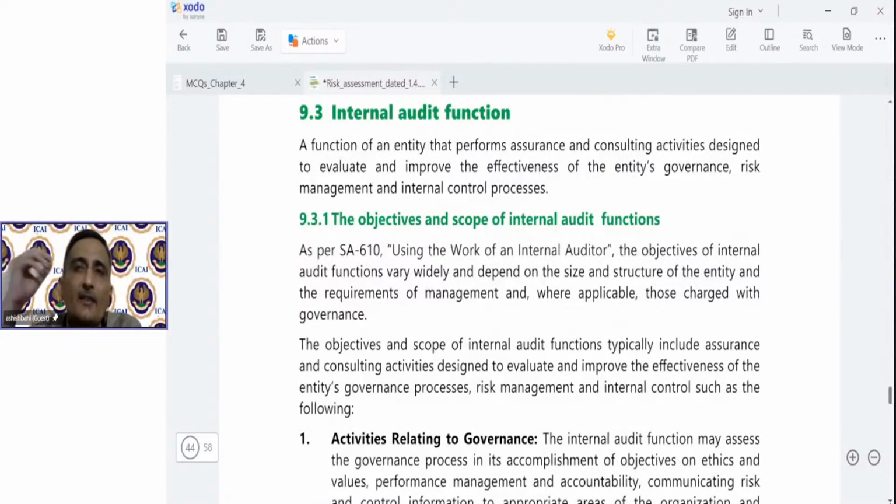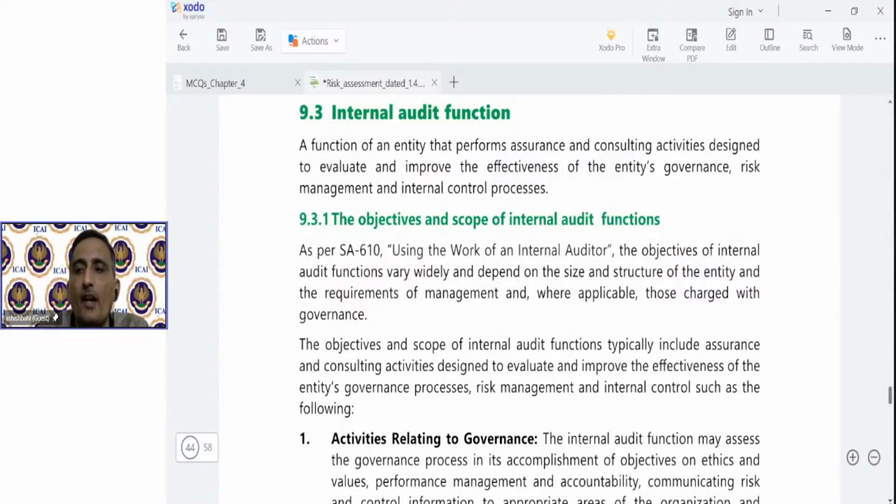So guys, you also have to remember that there are certain standards on internal audit, known as SIAs, issued by ICAI, but these standards are recommendatory in nature, not mandatory, and the contents of these standards are not in your syllabus.